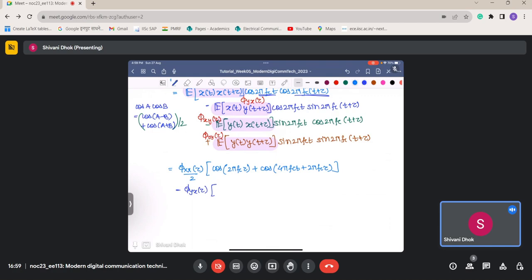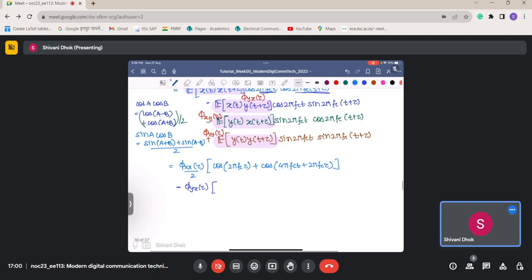This is simply sine of A plus B plus sine of A minus B, divided by 2. Here A is this quantity, that is 2 pi fc t plus tau, and B is 2 pi fct.